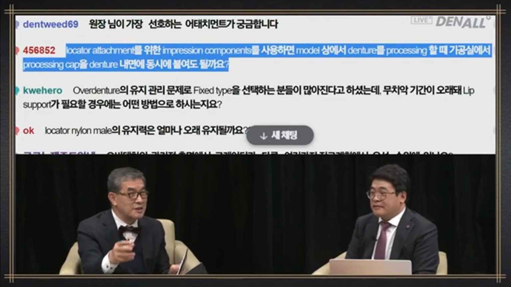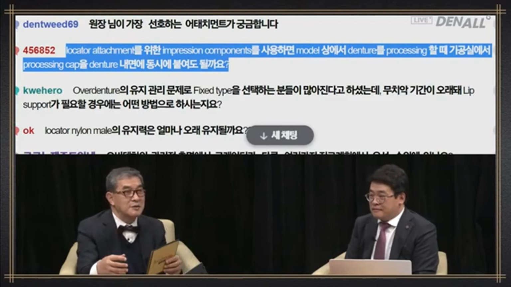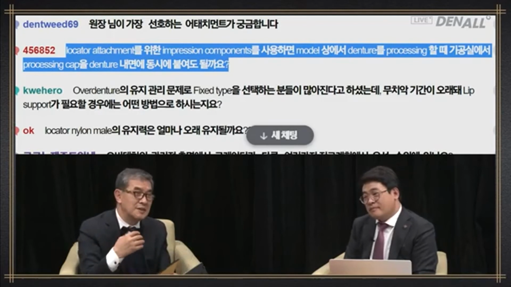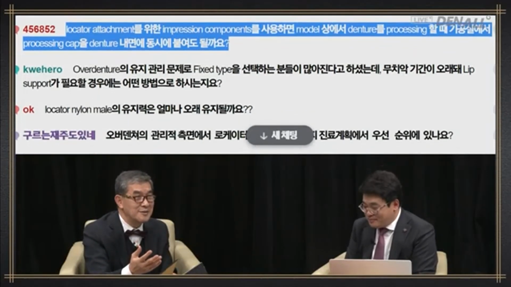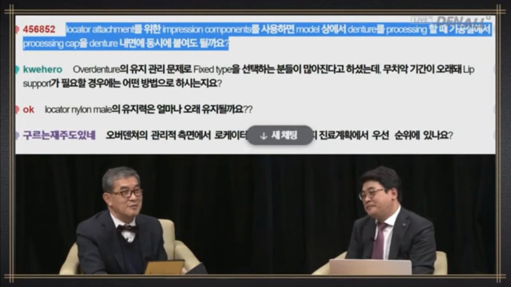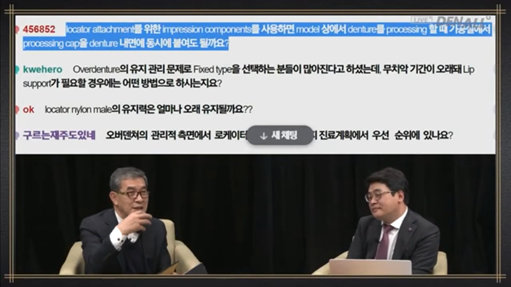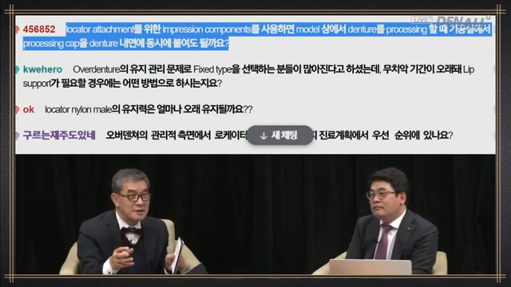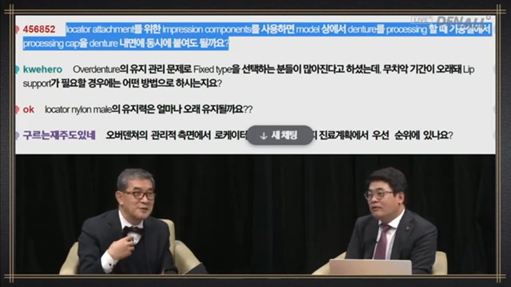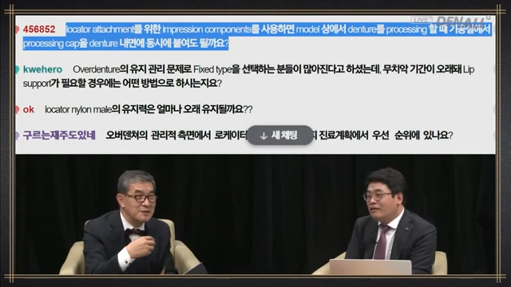However, there are many cases where what has been delivered by the lab is not satisfactory. I have much experience of this. Isn't that so? Yes. One time, I placed 4 implants. I want to share a story where I really fell in the lurch.